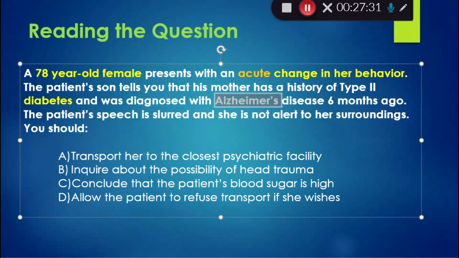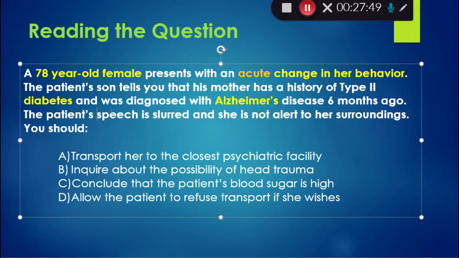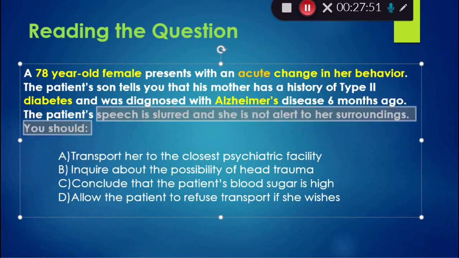Okay, so Alzheimer's is definitely going to affect her behavior, and diabetes will too. So she is diabetic, was diagnosed with Alzheimer's 6 months ago. Her speech is slurred, and she's not alert to her surroundings.